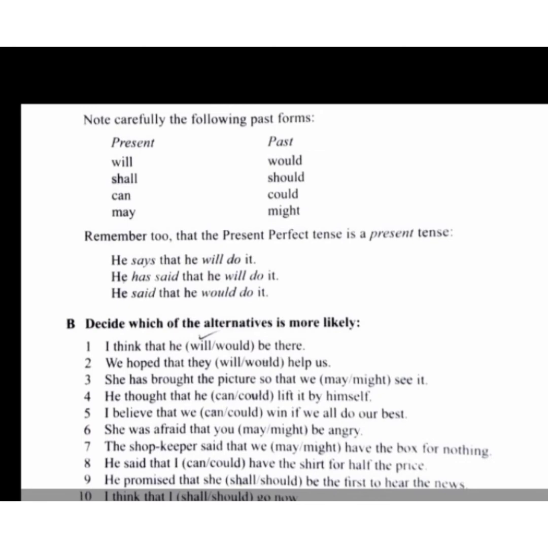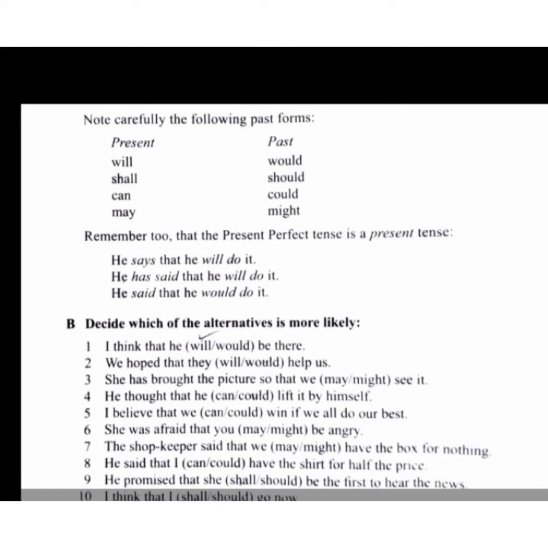So, as I told you, if the principal clause is in present tense, you can use future tense in the subordinate clause. If it is in past tense, you have to use past tense only in the subordinate clause. So here you can see examples are given.